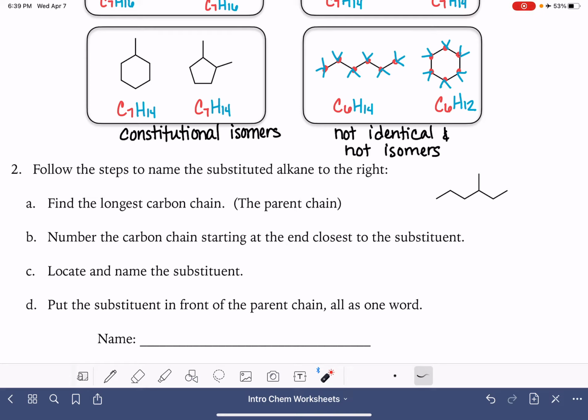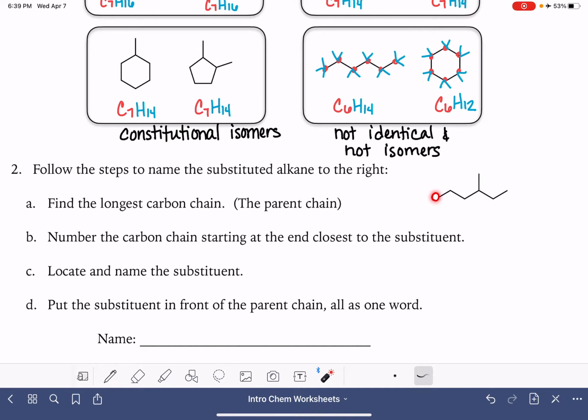So this means we're looking for the longest continuous set of carbon atoms in the molecule. To do this, we want to start at any end, like this particular end that I'm highlighting, and we want to move to any other end in the molecule. Our eyes, if you're born and raised in America or other countries that have similar reading patterns, are naturally going to be drawn from the left-hand side to the right-hand side, because that's the way that we read.